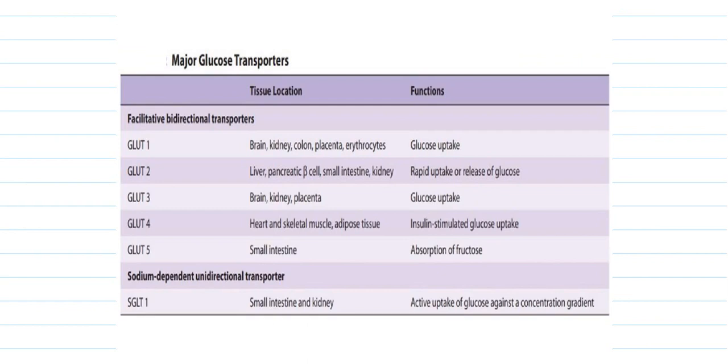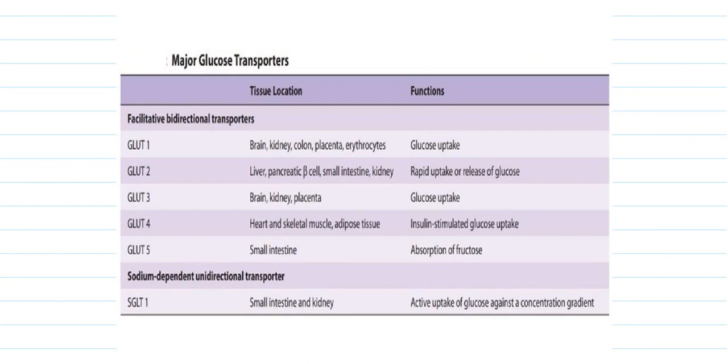Glucose transporter 4 will transport the glucose through the muscle and adipose tissue by insulin stimulated glucose uptake. So this is another different topic. Okay, but today we are focused on only the study of glycolysis, so we will focus on that.